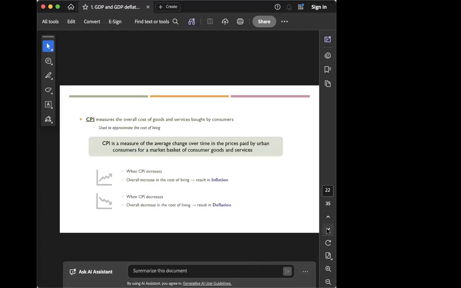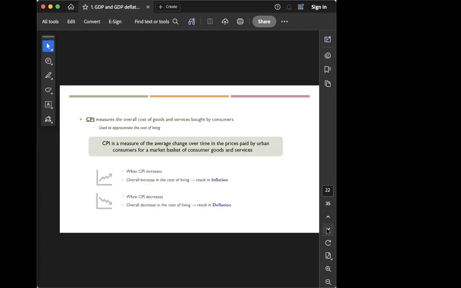Let's look a little deeper. CPI measures the overall cost of goods and services specifically bought by consumers. We can think of CPI as an approximation of the cost of living.